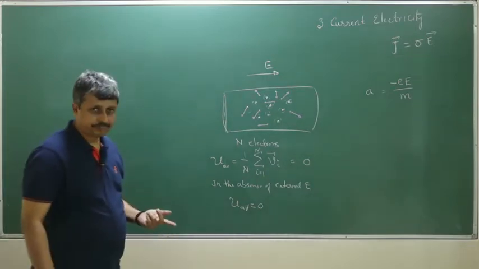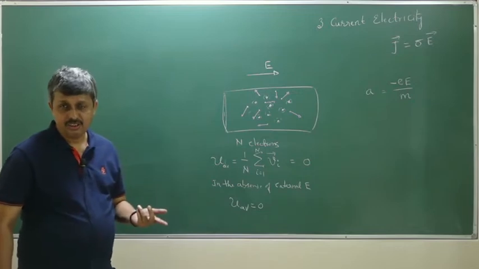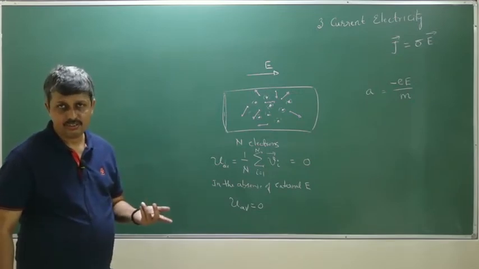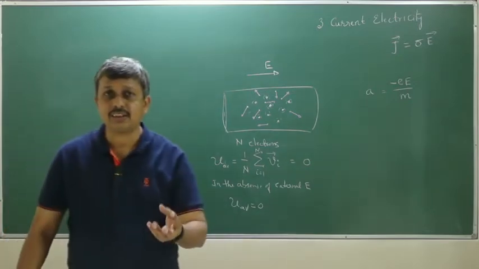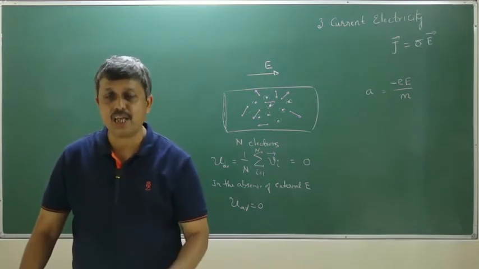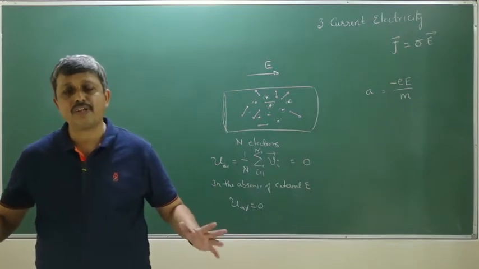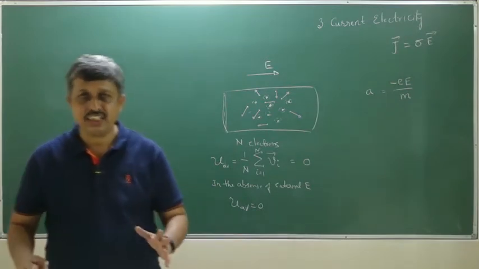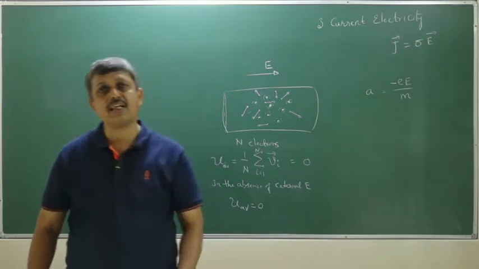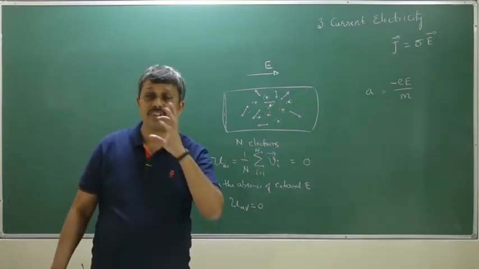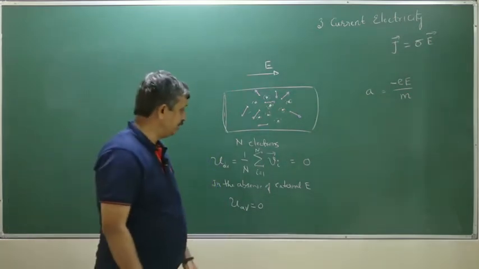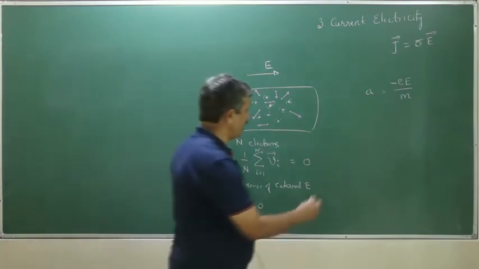Assume that at the previous collision there is a certain velocity, which happened at the time at which we applied the electric field E. At that time all the electrons had a certain velocity, which I will call Ui.